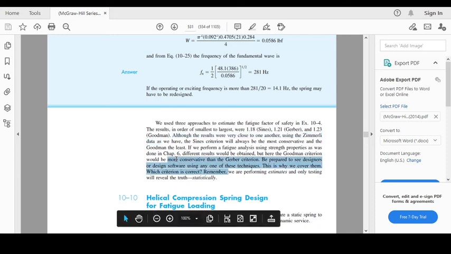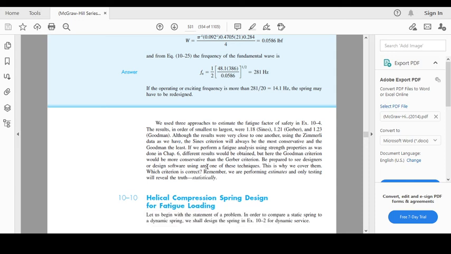Which result is correct? The first thing is, the correct one depends on what you want, what application you want. For example, you want to design the spring of a car. What type of car?